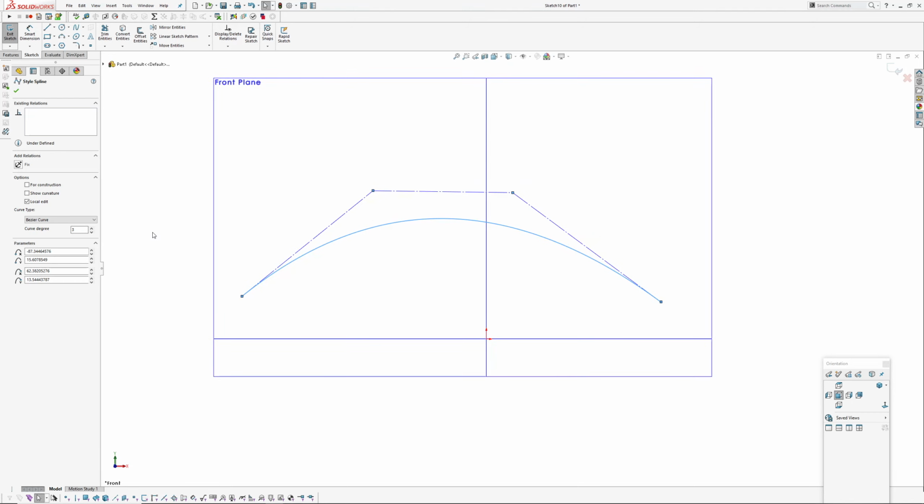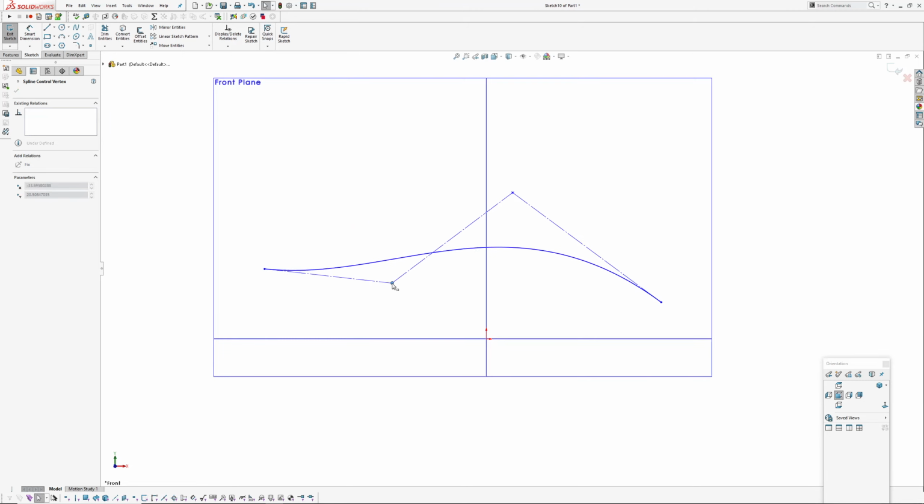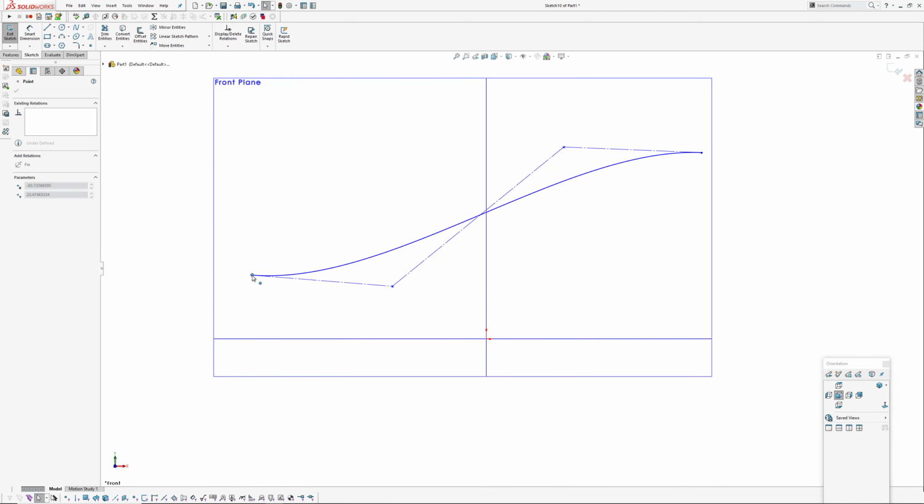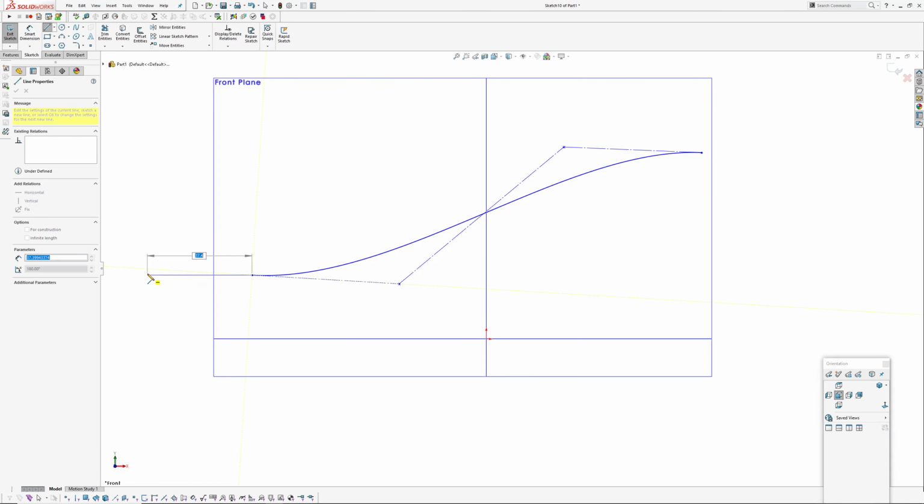degree 3. If you want to have independent tangent controls on each end of the spline, a tangent constraint requires the endpoint and the tangent point, which is the second one in, to be able to create a tangent constraint that is independent from the other end.